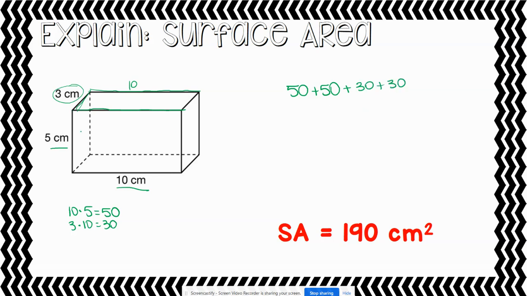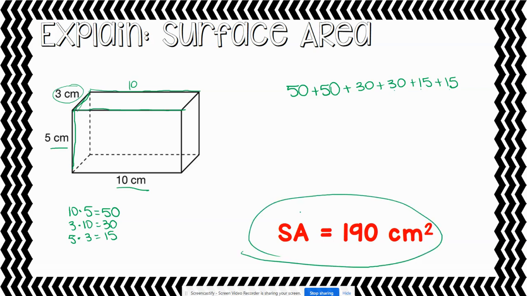Then I would need to do what's on the side. Well, this is 5 and this is 3, so this is 5 times 3, which is 15. So I would add 15 plus 15. Well, when I add 50 plus 50 plus 30 plus 30 plus 15 plus 15, I get 190 centimeters squared.